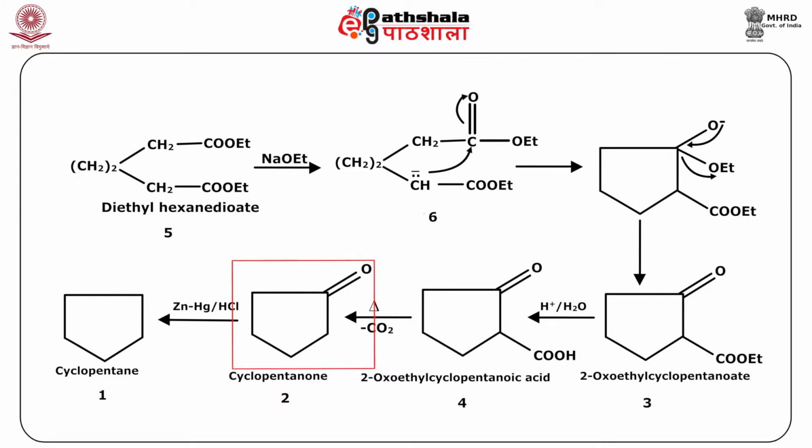The cyclopentanone then undergoes Clemmensen reduction using zinc mercury amalgam and HCl and forms cyclopentane. This cyclization and the decarboxylation lead to the formation of the cyclopentane ring.